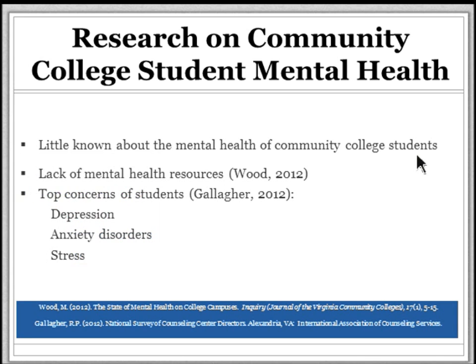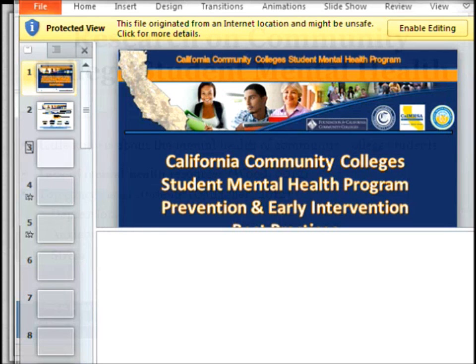There's a real need for research related to community college student mental health. There's very little known about the mental health of community college students. What we do know from a few national surveys that have been conducted is that there's a lack of mental health resources. Community college campuses in general have fewer resources than most four-year colleges, and that's true as well when we think about mental health resources.